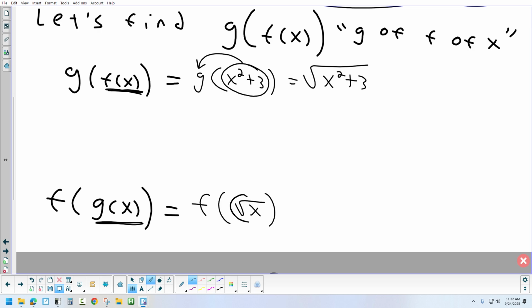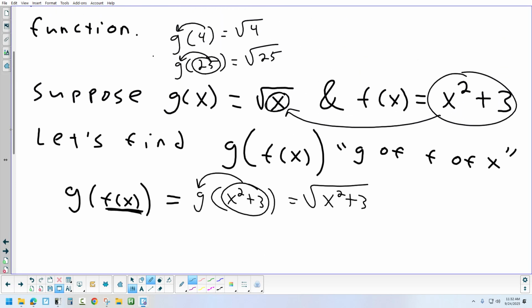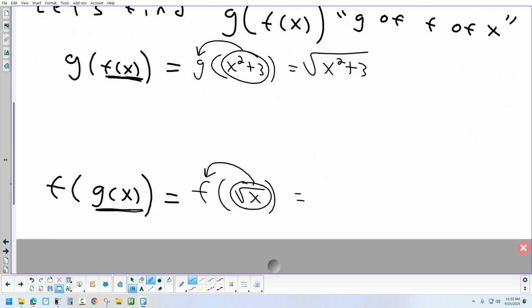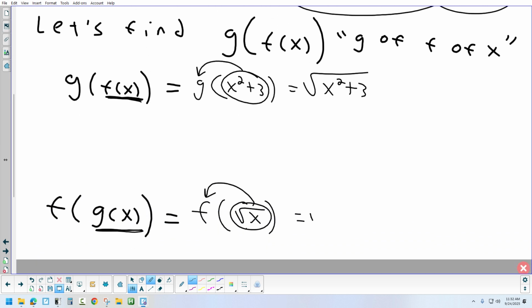Now I'm going to take this, and everywhere that I see a letter in formula f, change the letter to that. Okay, so look up formula f. It's x squared plus 3. But everywhere you have a letter, you're going to change that letter to what they told you to plug in. Square root of x. So we're going to have the square root of x squared plus 3.